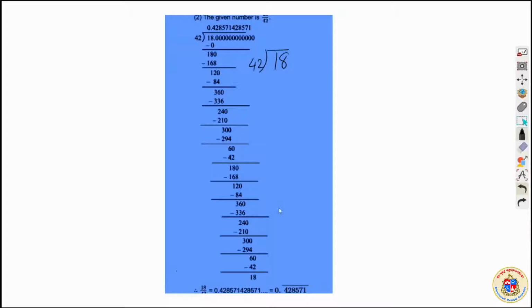Same situation, and here you are having an answer with the remainder 18, and here is a repetition of 4, 2, 8, 5, 7, 1. Simply keep on doing the division. Okay, let us go ahead.